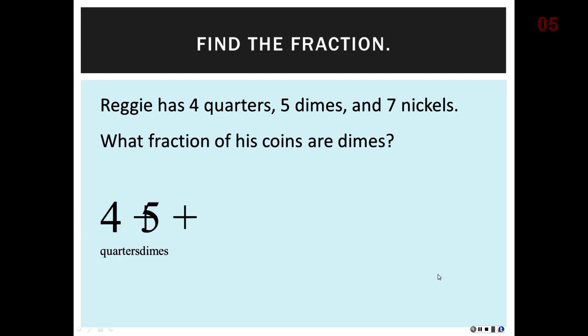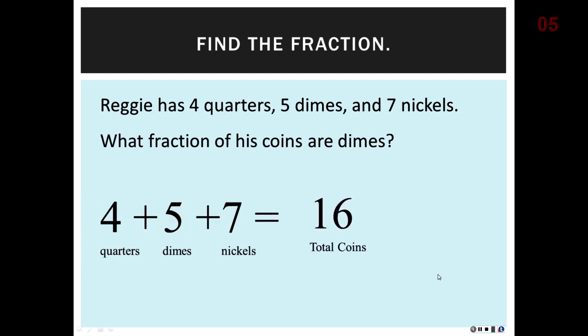So first I need to know how many total coins he's got, which is 16. That's my whole, or my denominator. And how many of those were dimes? 5. So the people who said 5 over 16 are right. Okay? So total them up to figure out how much in total you have, or the whole, and then answer the question.